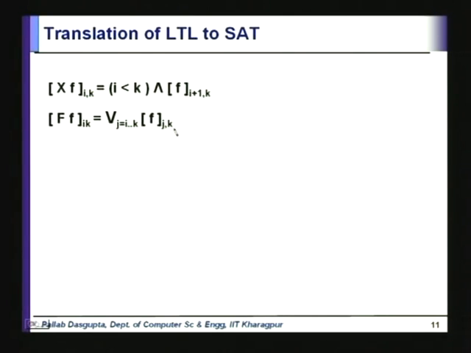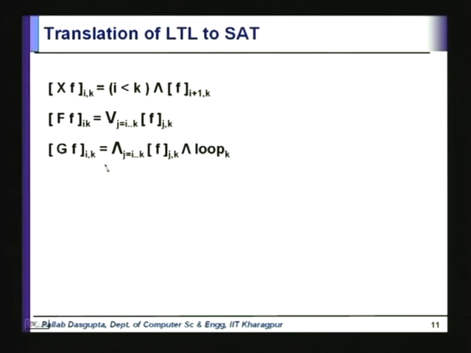F should hold somewhere in that time frame. Otherwise within the bound k we have not been able to get a witness of this. So, given a bound k, this is how we generate the clauses. Is that clear?